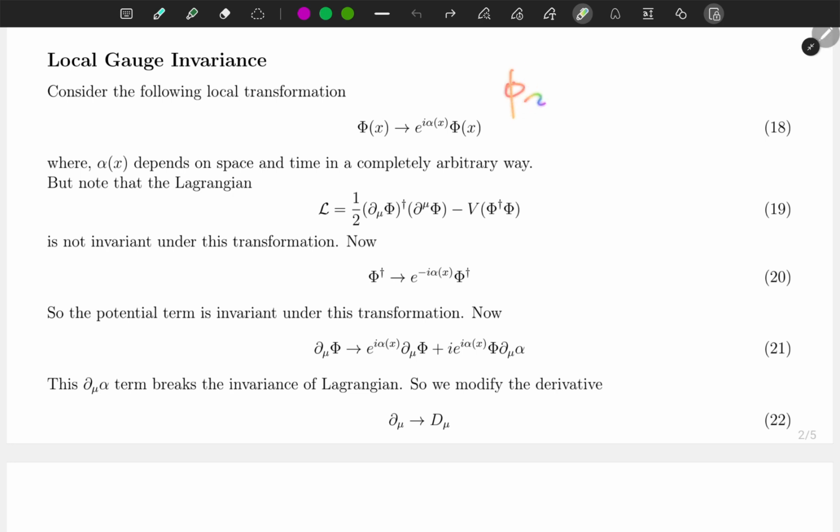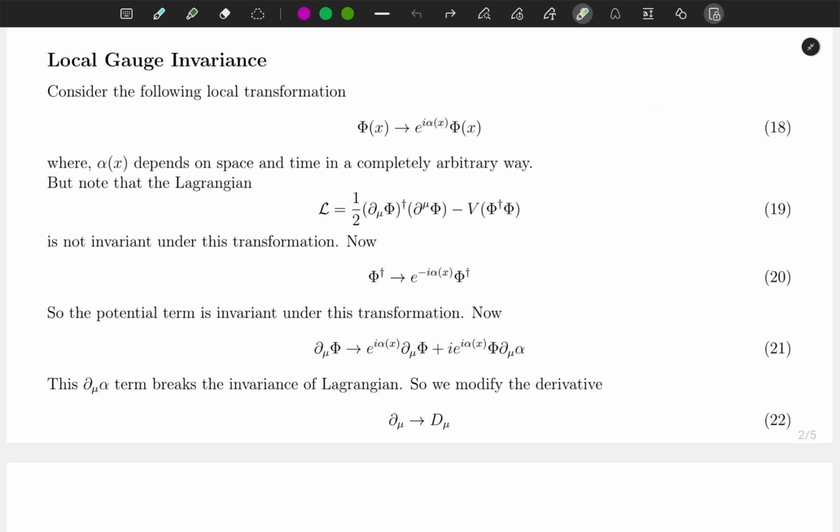Previously we have seen that phi transforms as e to the power i theta phi, where theta is a constant. But now we replace it by alpha(x), where alpha depends on the space-time points. So it is no longer a constant, it becomes a function in space-time, and it can be any arbitrary function. There is no restriction on alpha(x).